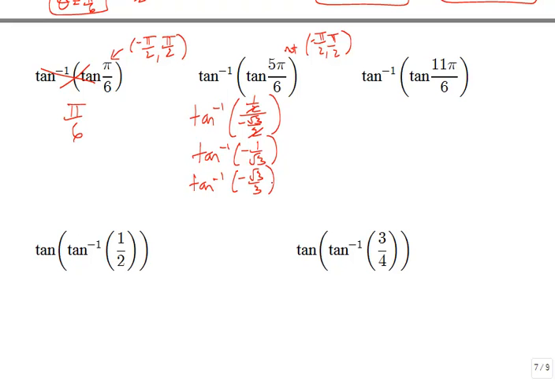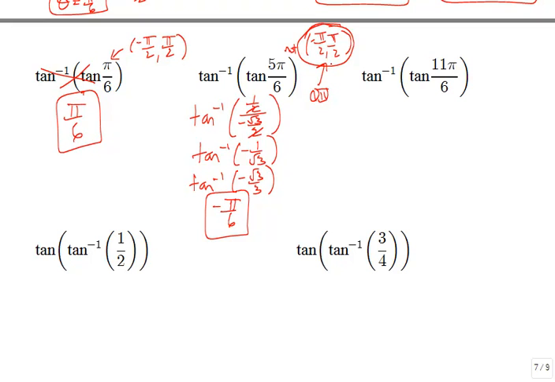So what angle is going to give me that same fraction back that's in this range right here? Well, it's a pi over 6, obviously, because that's what we use to get this negative root 3 over 3. But we need the pi over 6 angle that's in quadrant 4, because we want it to be negative. So it's got to be negative pi over 6, because that's the angle in quadrant 4 that also lies within this range.